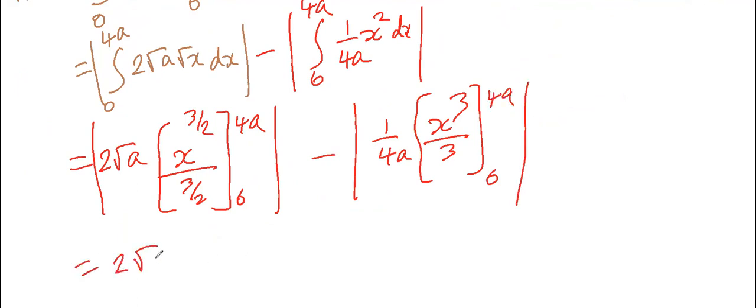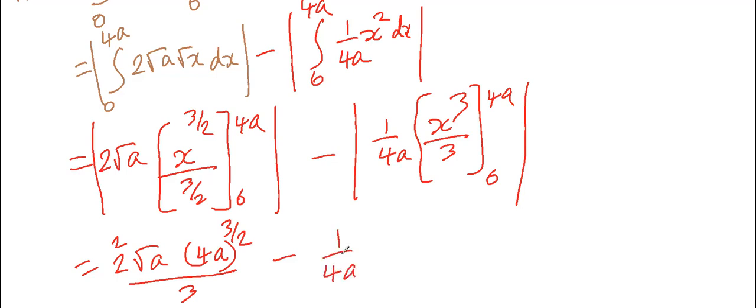So when you solve this, 2 root a is constant, I have taken out. Now this x you substitute 4a whole to the power of 3 by 2, divided by 3 by 2. So this 3 I will write here, 2 I am taking up, so it will become 2 square. Similarly here 1 upon 4a taken out, and this 3 is also constant, so I have taken out this 3 also, and then x cube. So instead of x I will write 4a the whole cube minus 0. So minus 0 no need to write.